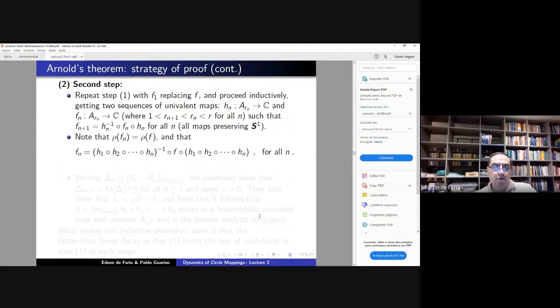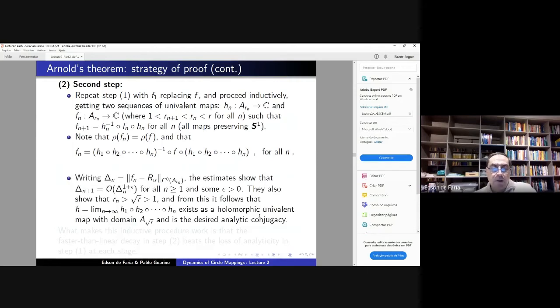And now what you need to do is compare the distance between F sub n and the rotation. The interesting thing here is that the method will give you something akin to Newton's method. It will tell you that when you go from one step to the next, F sub n plus 1 is definitely closer to R sub alpha than F sub n.